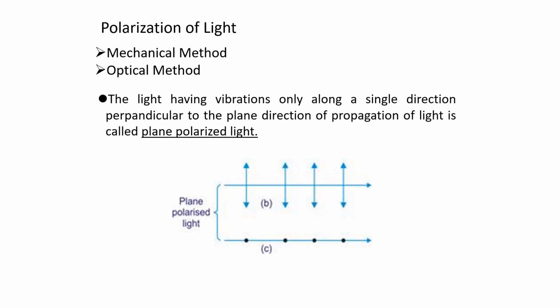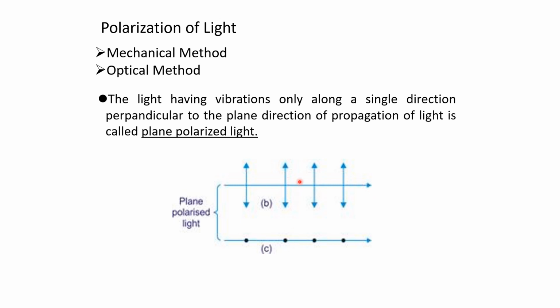The light which has vibrations only along one single direction, of course perpendicular to the direction of propagation of light, is called plane polarized light.